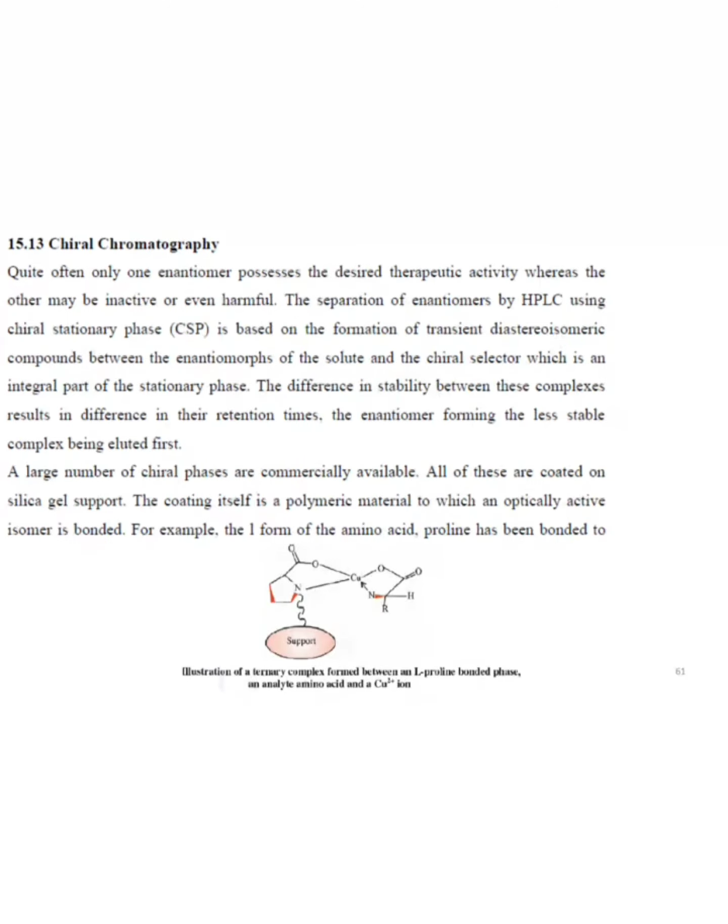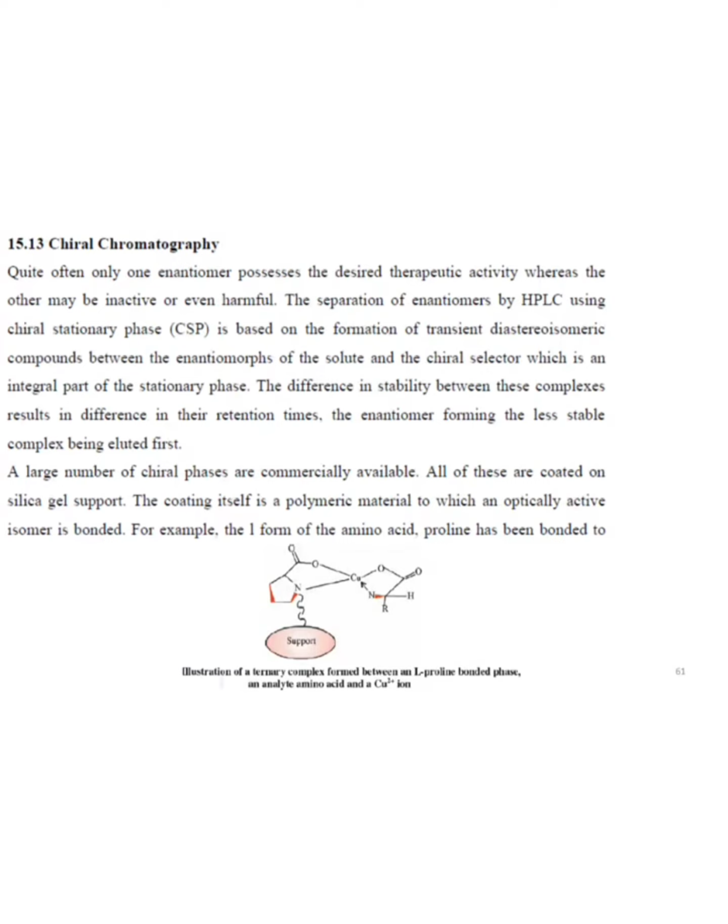The separation of enantiomers by HPLC uses a chiral stationary phase. The mobile phase solvents will be the same for all the chromatographic techniques, where we use polar and non-polar solvents. In the stationary phase, we use a chiral stationary phase for the separation of enantiomers.